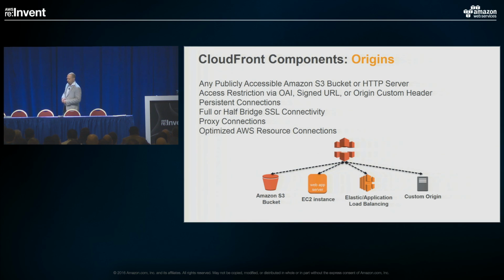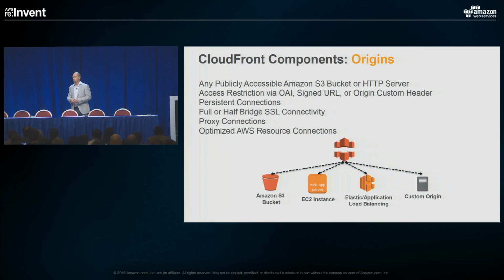CloudFront can also be used to proxy connections. Not all content is cacheable, but that doesn't mean you can't use CloudFront or that you shouldn't use CloudFront. CloudFront's an ideal application component to scale applications as a proxy because it allows a connection close to the end user, a least latent connection, and even if it's passed through, we're able to get the content to your origin faster and then deliver that content quicker to your end user to speed up your application.